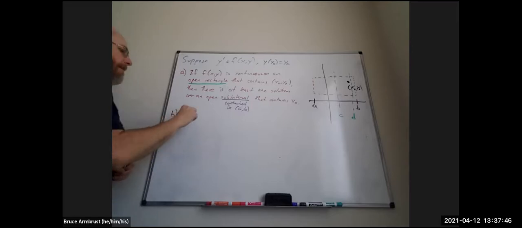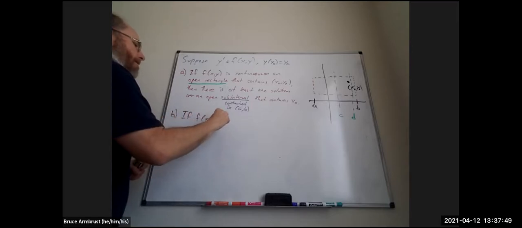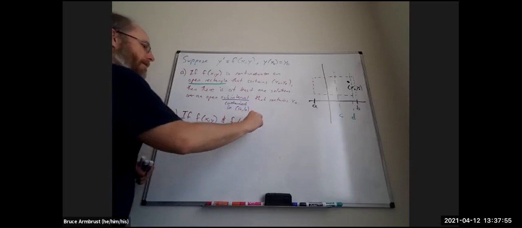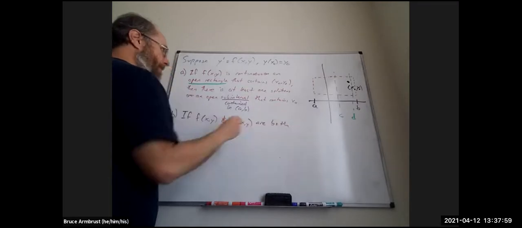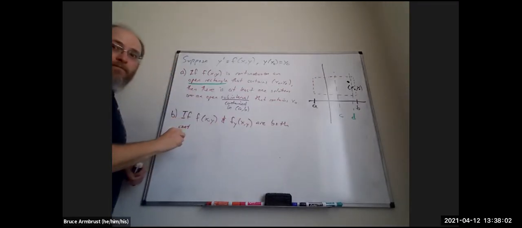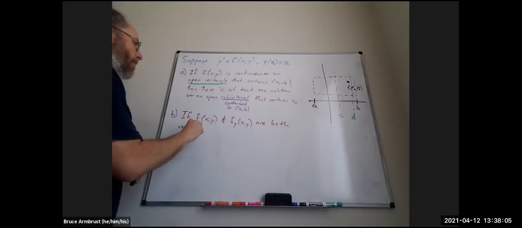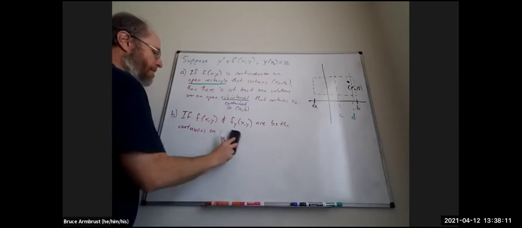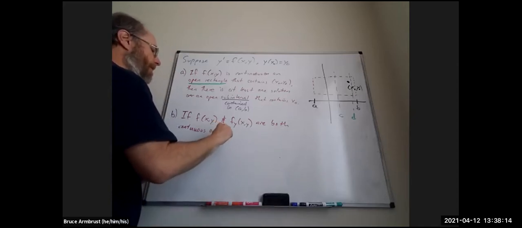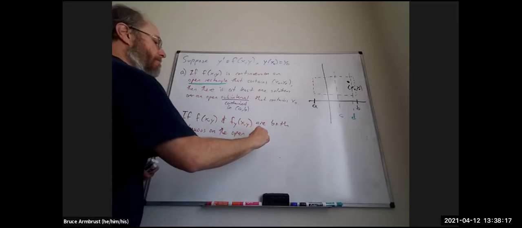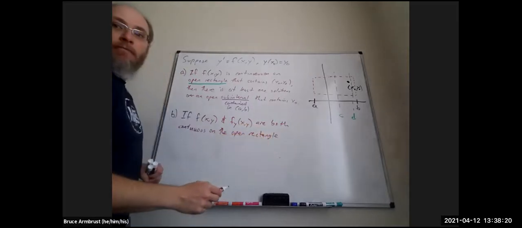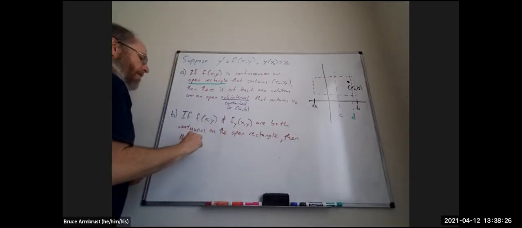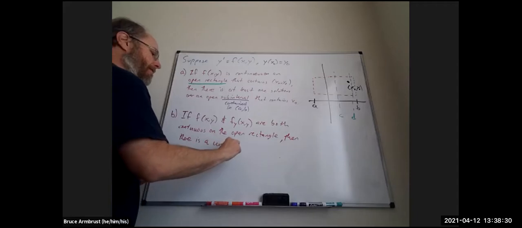This one says that if f of x, y and f sub y of x, y are both continuous on the same open rectangle, then there is a unique solution.